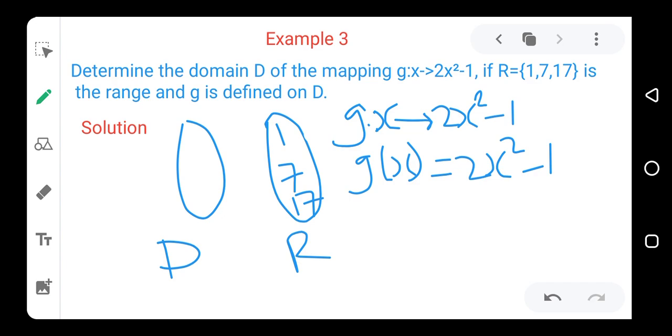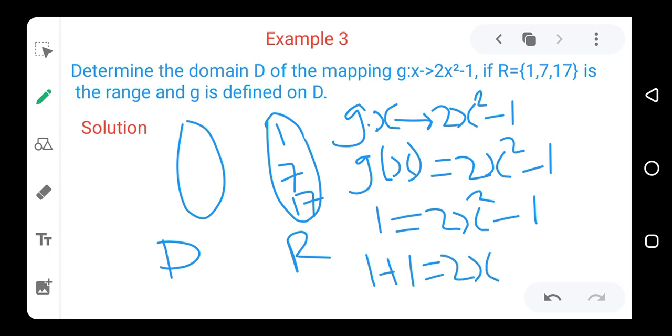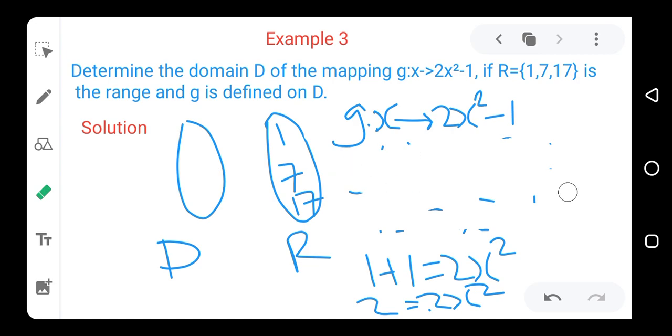Now when g of x is equal to 1, we have 1 is equal to 2x raised to power 2 minus 1. And so we have that 1 plus 1 is equal to 2x raised to power 2, and 2 is equal to 2x raised to power 2.